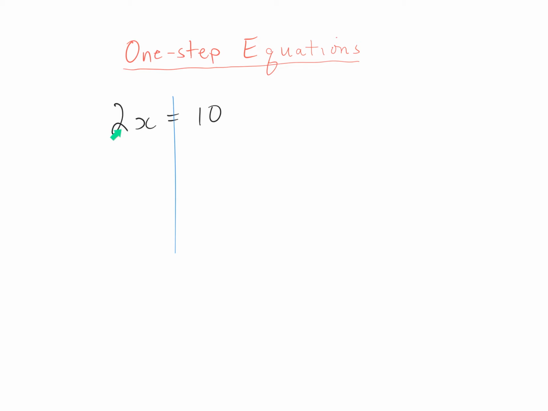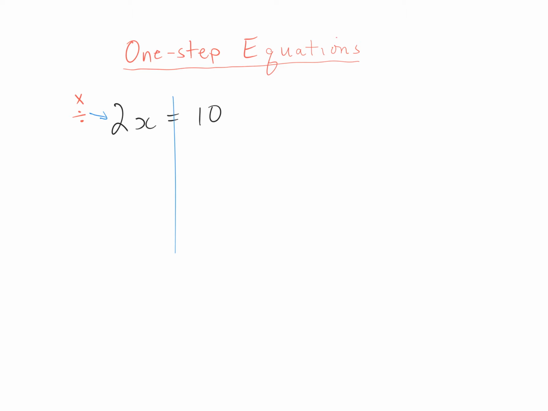What you're going to do is you're going to say, all right, on this left side, I am multiplying, okay? This is 2 times x. And what we do with equations is we do the opposite of what's happening, okay? So I'm not going to be multiplying. The opposite of multiplication is division. So I'm going to be dividing here.